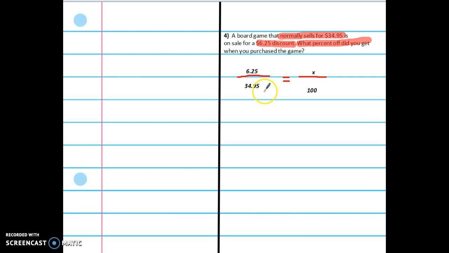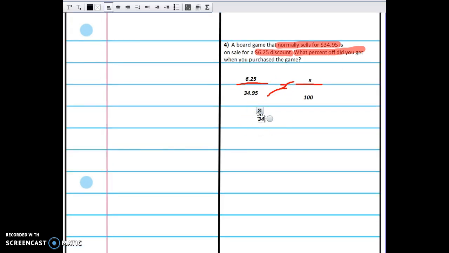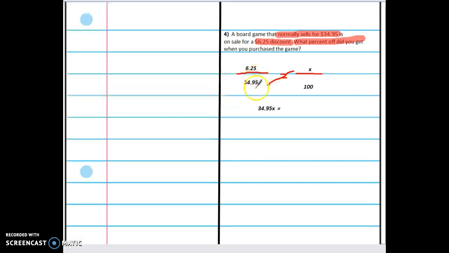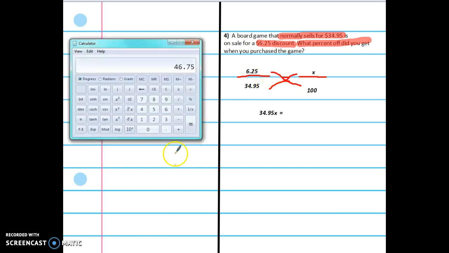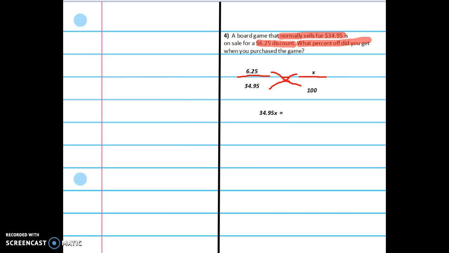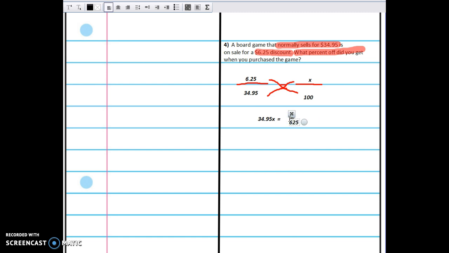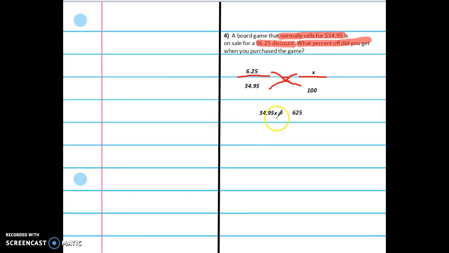Alright, so we cross multiply $34.95 with x. That gives me 34.95x. That'll be equal to $6.25 times 100. And that would be the same thing as swooping twice right. So that's 625. Alright, so we're going to divide both sides by 100. Or I'm sorry, see, I just did it myself.